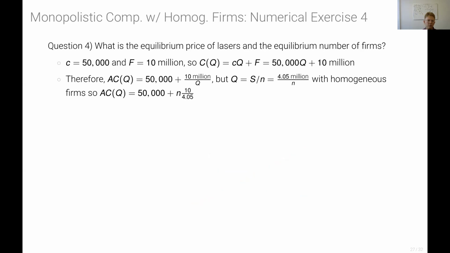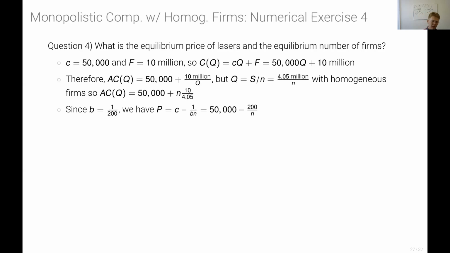Dividing our cost function through by Q, we get that our average cost is 50,000 plus 10 million over Q. But since we assume that we have homogeneous firms, Q, the amount that each firm is going to produce, is just going to be the same across all firms. So it's going to be equal to S over N, where S is equal to 4.05 million. And so plugging that in, we get that the average cost is equal to 50,000 plus N times 10 over 4.05, where notice that those 10 millions have just canceled out.